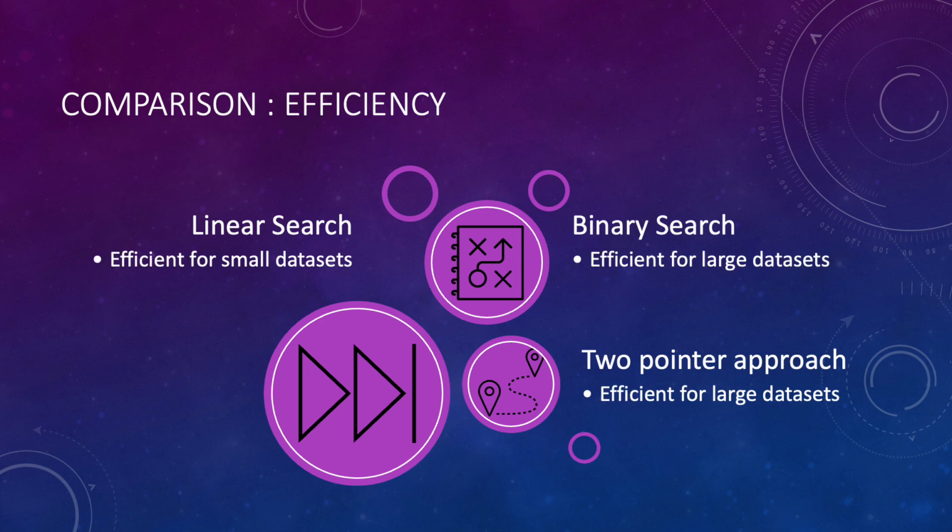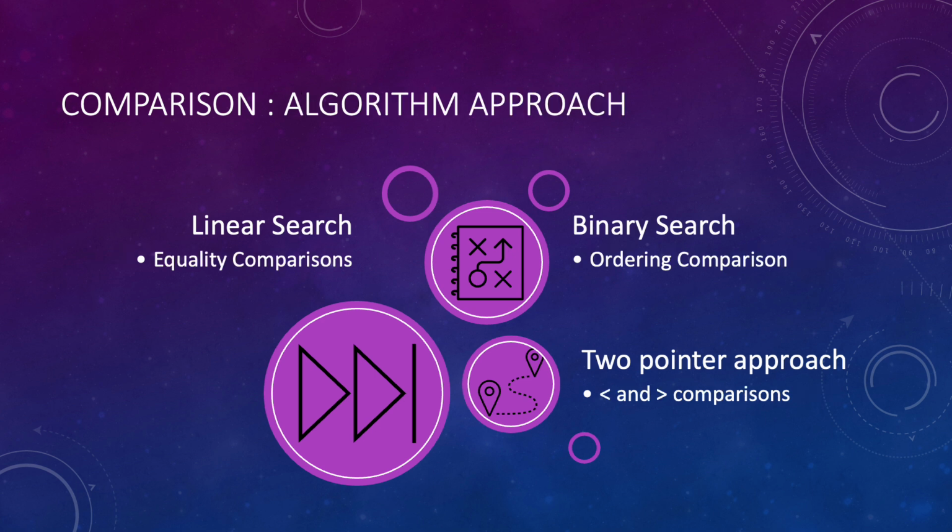So we've covered this slide. Then we'll talk about the algorithm approach of all three. In linear search, we check for equality. We have a look at the current element and check if it's equal to the target. If not, we move to the next element, and so on.